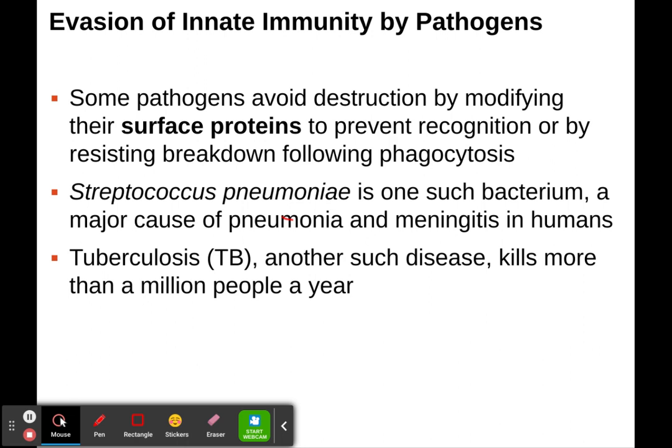TB, tuberculosis, is another one that is a respiratory illness, also bacterial. These are all pathogens that have been able to change their shape so that our innate immune system doesn't recognize them. And that makes them hard to deal with.